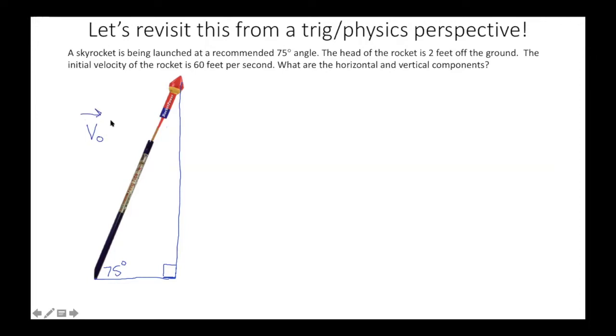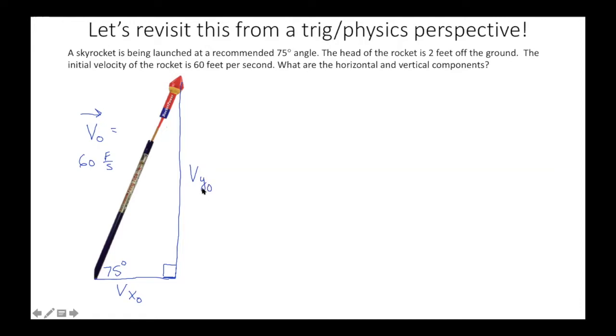So we're going to say that the velocity vector is 60 feet per second. And what we don't know, but we want to know, is what is the horizontal or x naught component of the velocity, and what is the vertical velocity component, y naught, in the vertical direction.